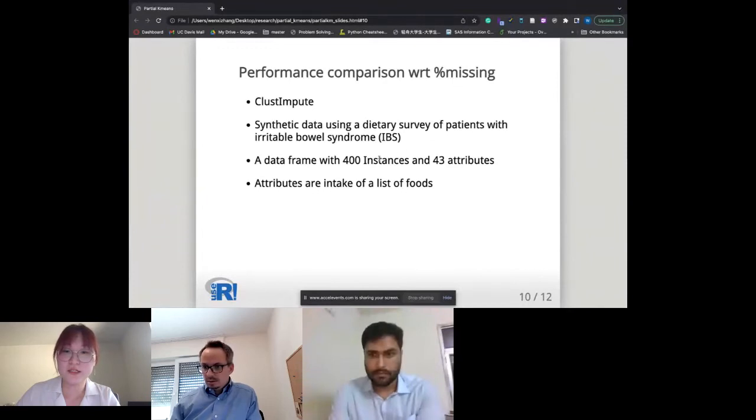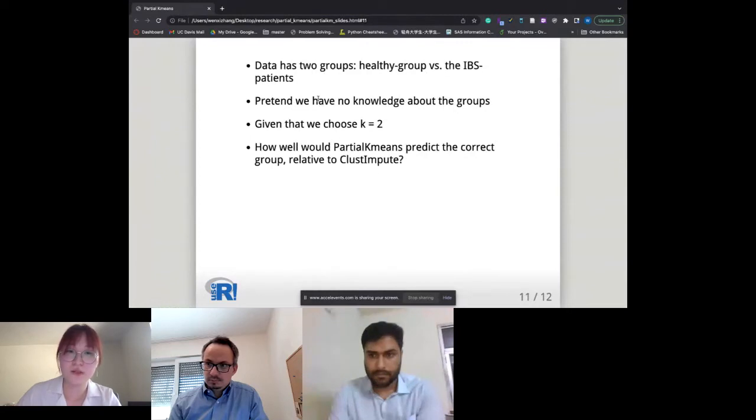And this dataset basically comprises intakes of a different list of foods. Notice here that we know the data have two groups, the healthy group and the IBS patient group.